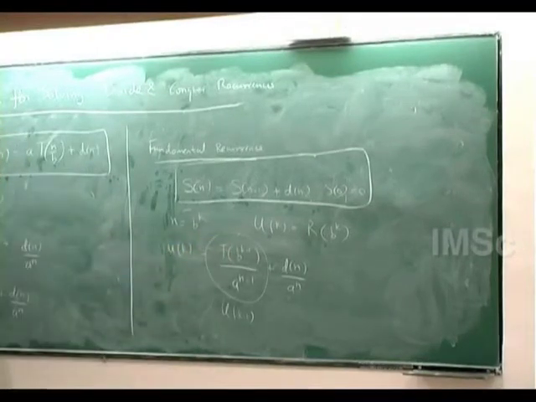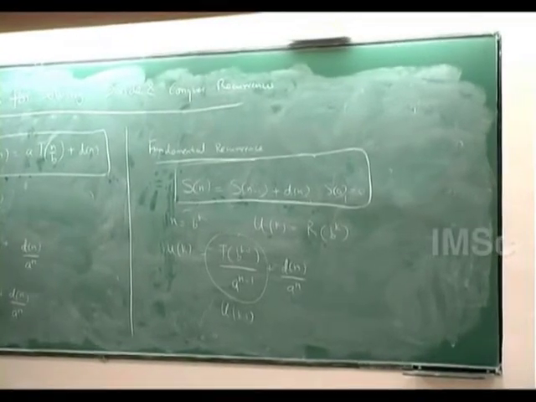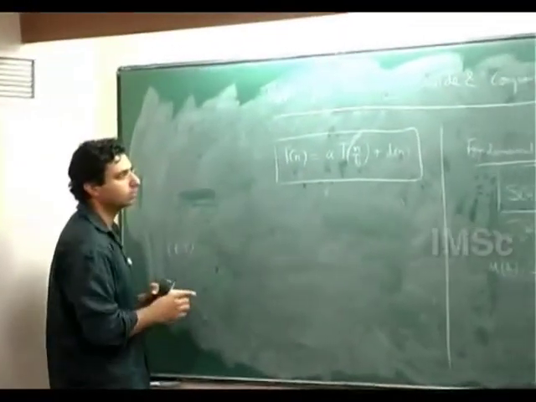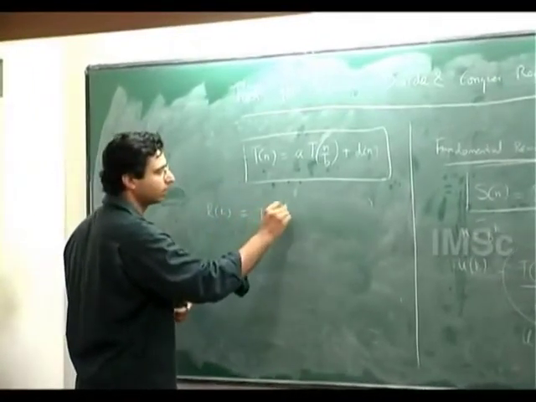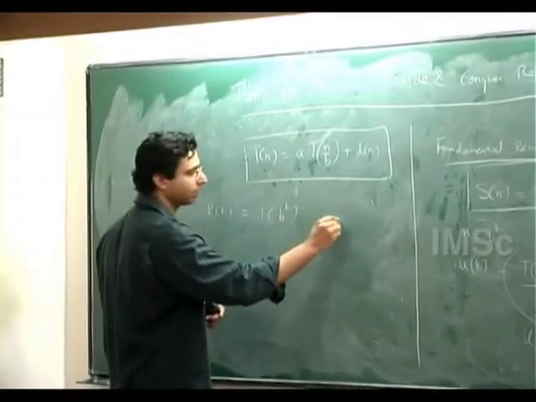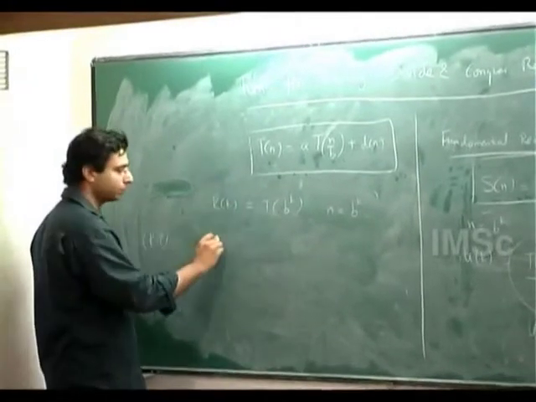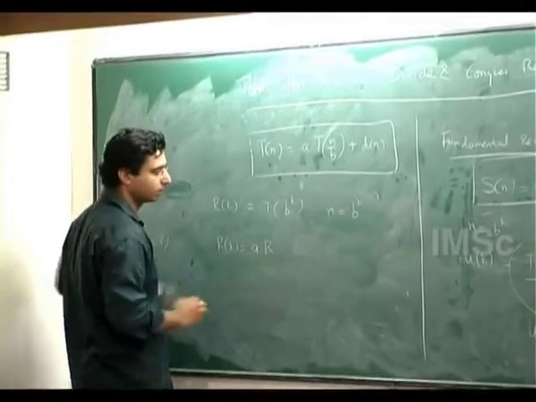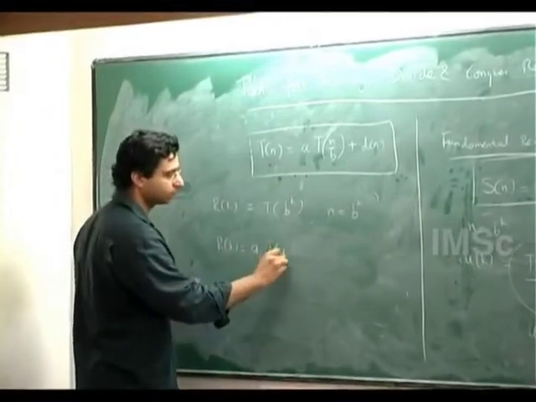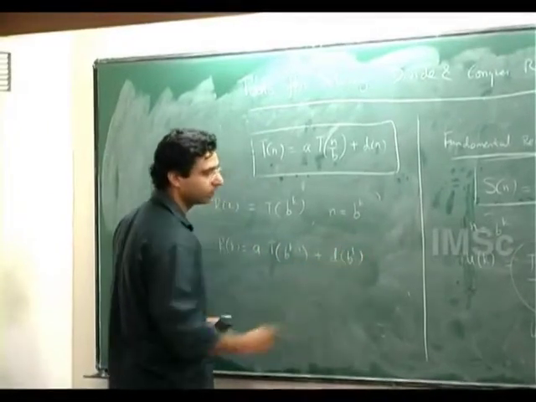Okay, so let's switch gears and go the other way around. Let's apply the domain transformation. I'm defining n as some power of b, so I get d of b raised to k, which is a of T of b raised to k minus 1 plus d of b raised to k.